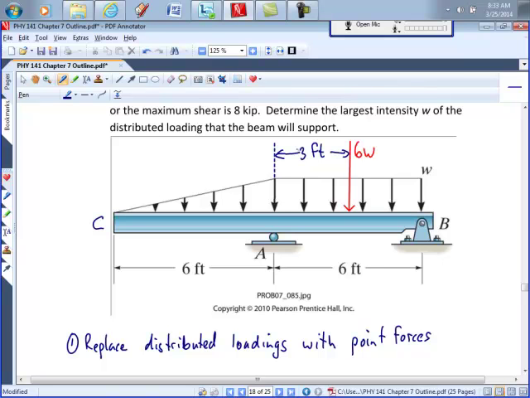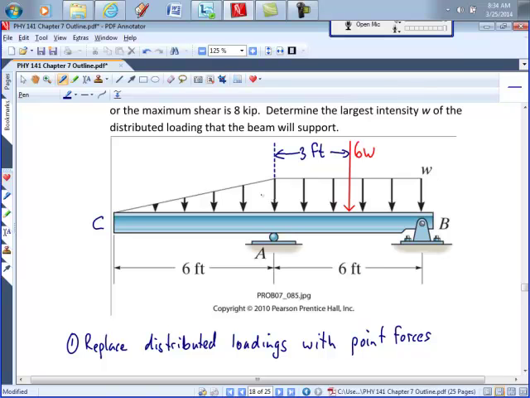All right, so we've replaced this part of the distributed load with a single point force. Now we're going to replace this part of the load. What's the magnitude of that force going to be? Right. It's going to be the area of the triangle, which is 1/2 base, so 3 feet times the height, which is W. So 3W, and where is it going to be located?